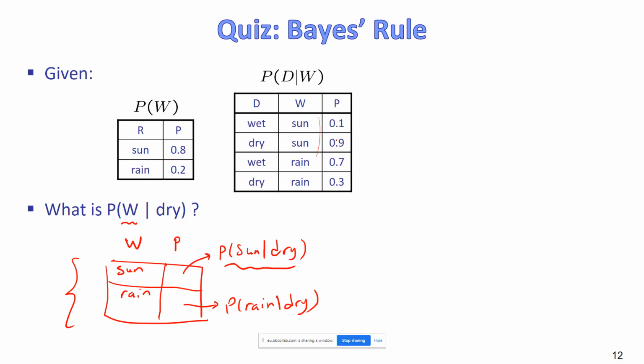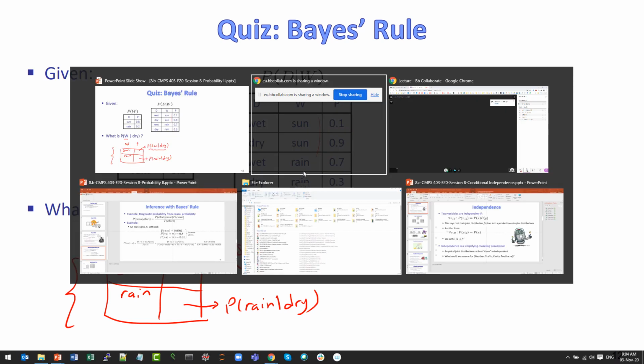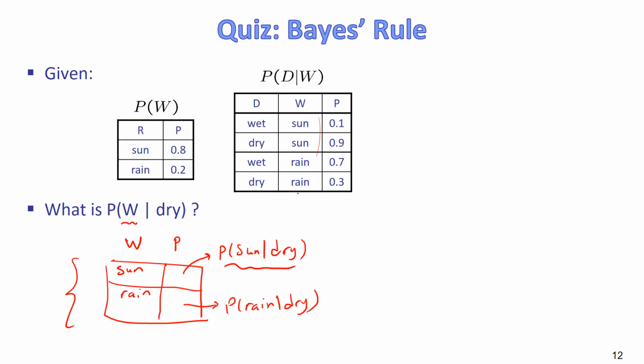Any ideas? Can we use Bayes rule to do that? We are given these two distributions, and we want to compute the conditional distribution of W given dry.